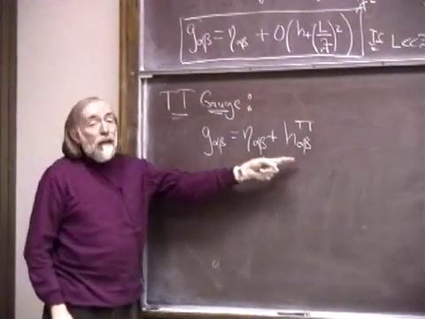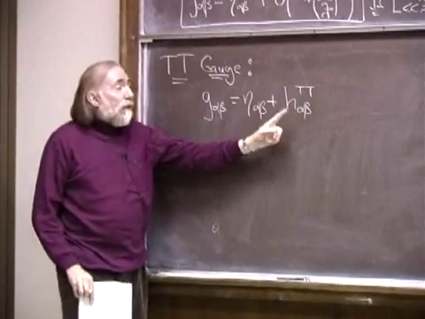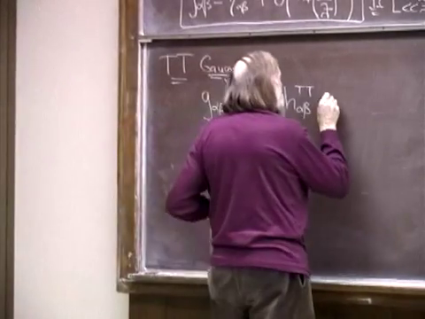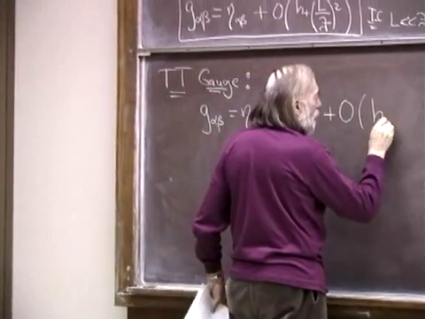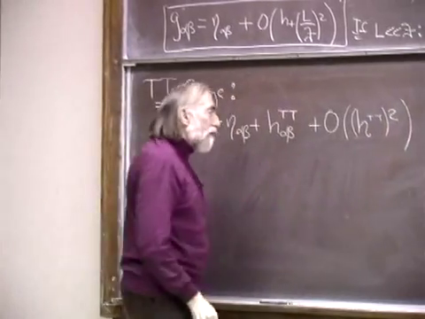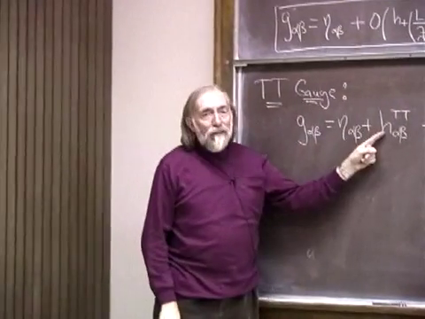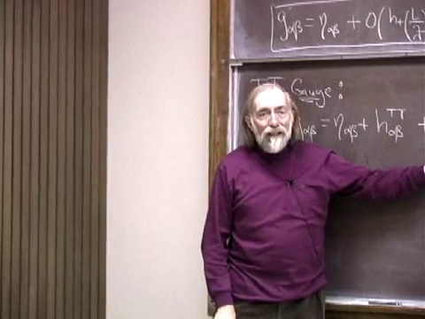And that is what it is up through first order in H. There will be nonlinear effects in Einstein's equations, so there will be something of order H TT squared corrections. But if H is like 10 to the minus 21, and this is like 10 to the minus 42, we're not going to see it in your lifetime or mine.